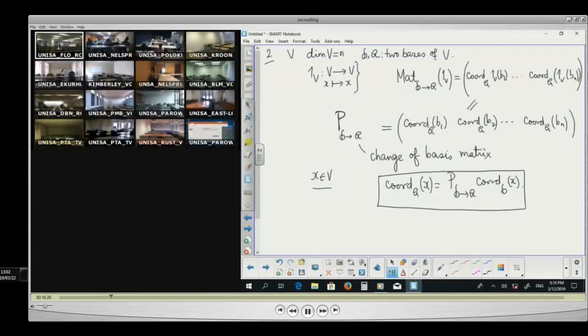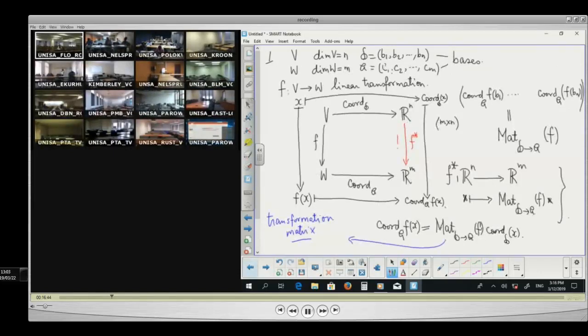Clear? Alright. See, this formulation is very, very simple, provided you get this basic thing. This one is the starting point. Okay? Alright? So now let us see another thing.